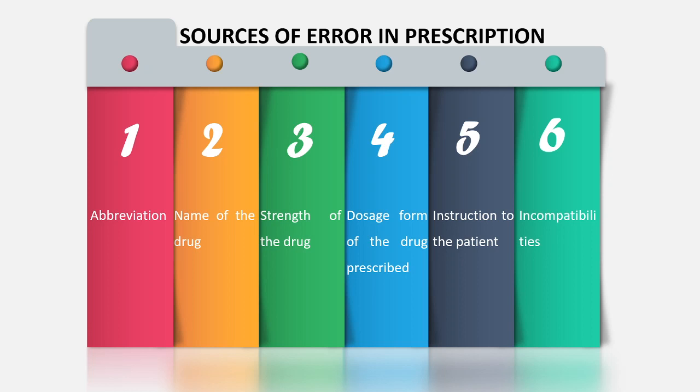It is essential to check that there are no pharmaceutical or therapeutic incompatibilities in the prescribed preparation, and that different medicines prescribed for the same patient do not interact with each other to produce any harm to the patient. Say there are certain antibiotics which should not be given with meals, since it significantly decreases the absorption of the drug. So it needs to be checked.